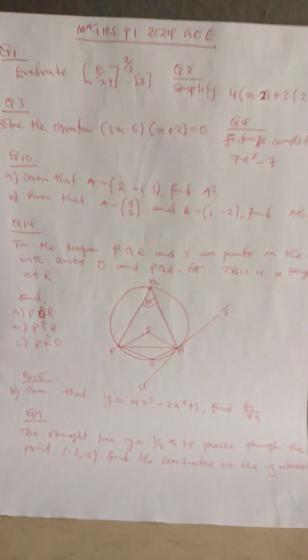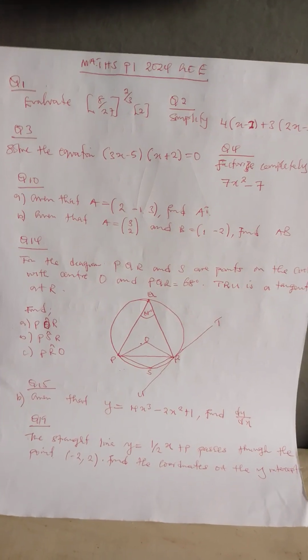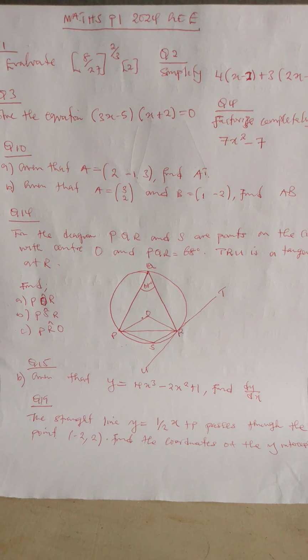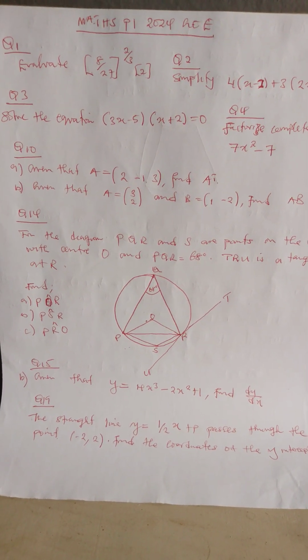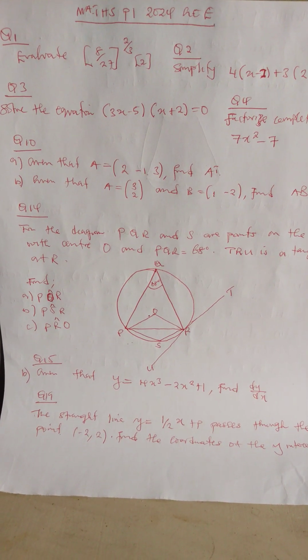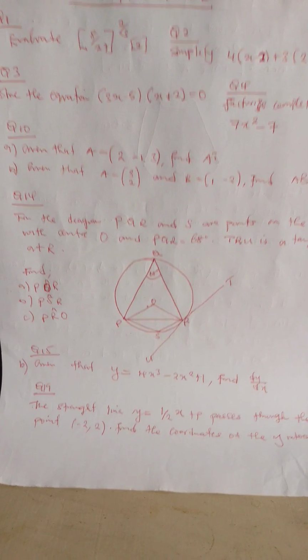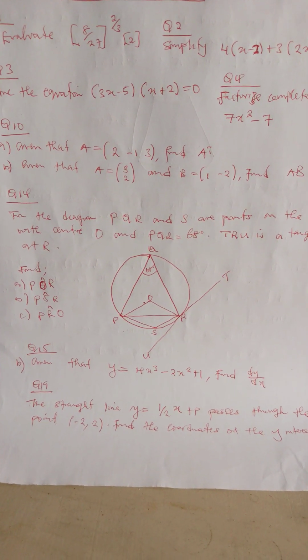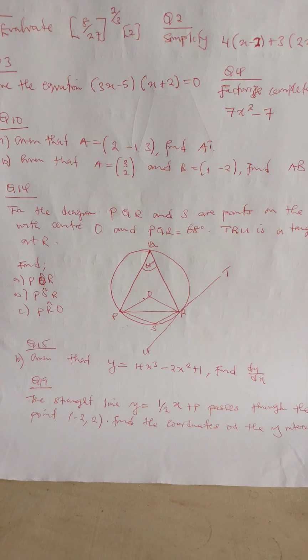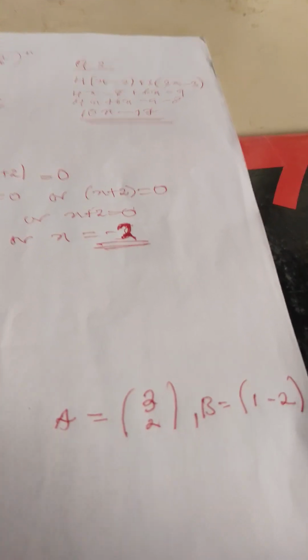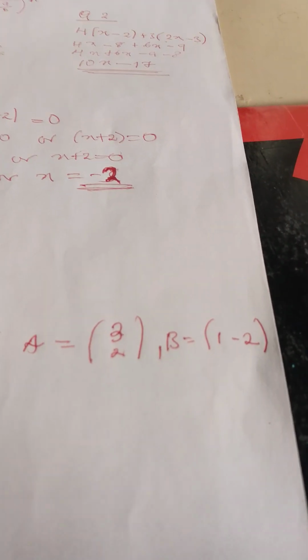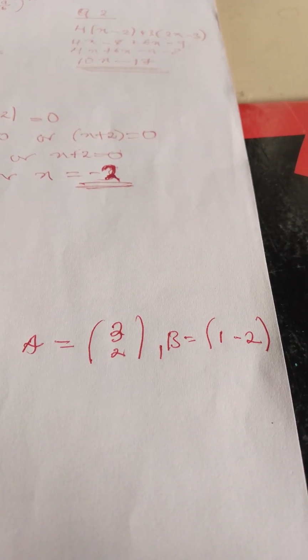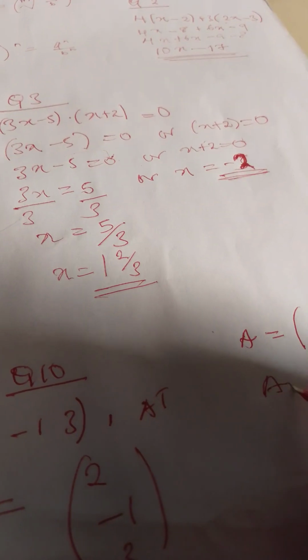Part B, given that A is equals to 2, 3, 2, then B is equals to 1, -2. Given that A is equals to 2, 3, 2, then B is 1, -2, then the question says find AB.